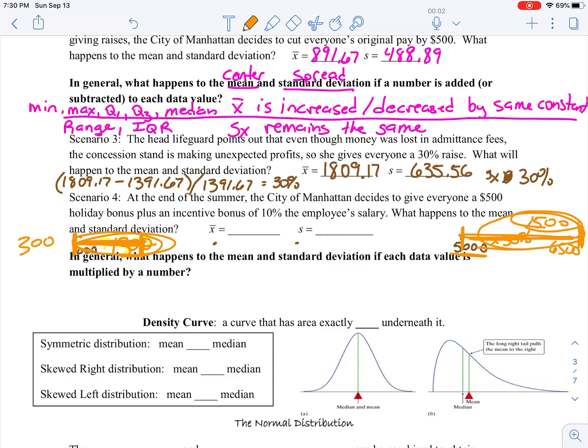This is pretty easy. All summary statistics are affected by multiplication.